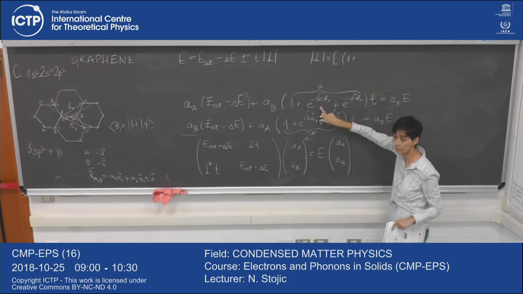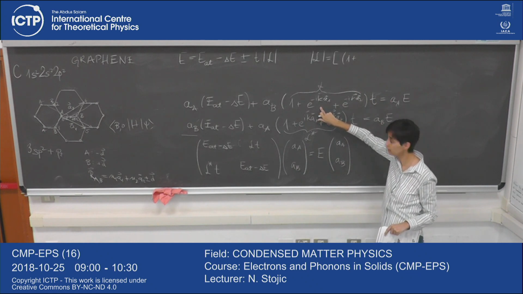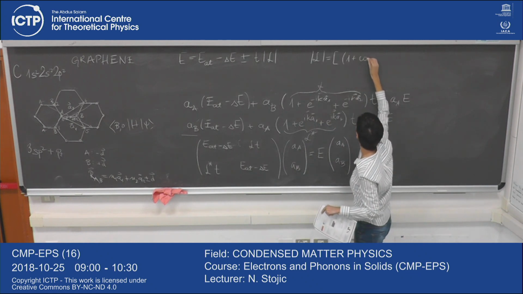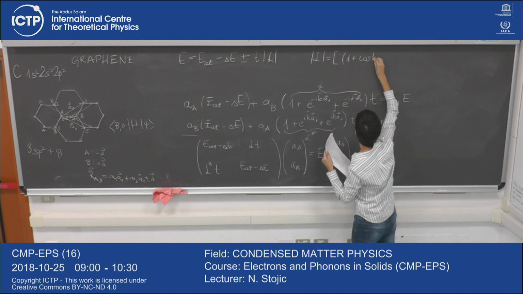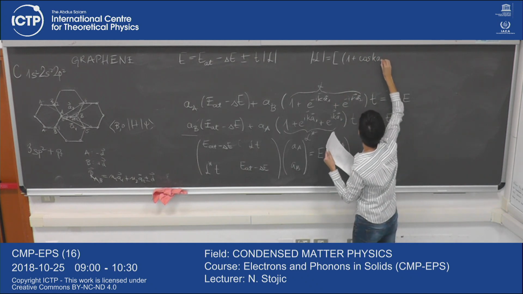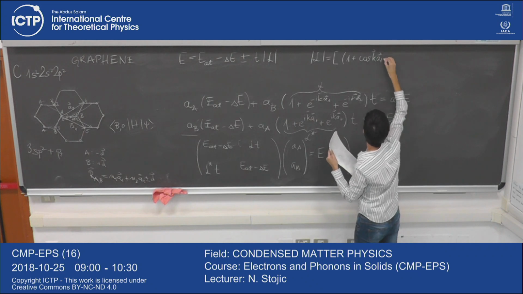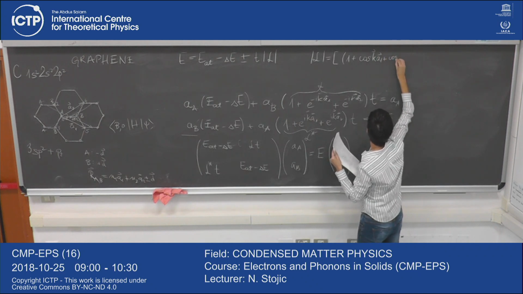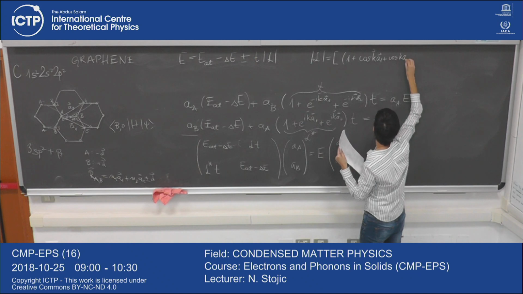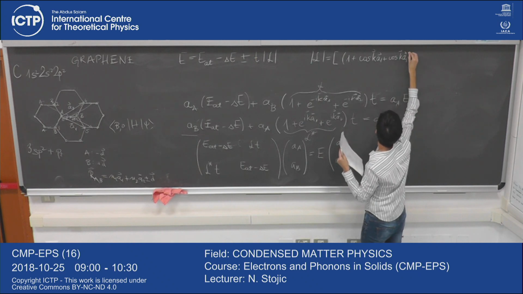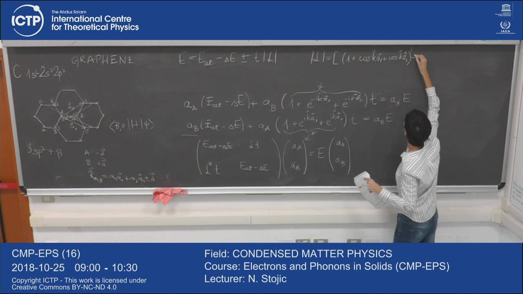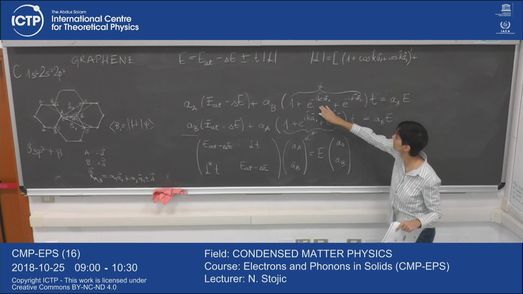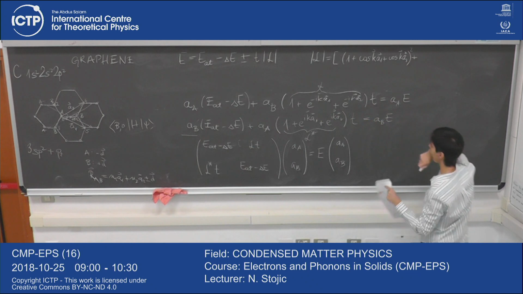So I'm writing the cosine plus I sine. Cosine is an even function, so it doesn't care. Ka1 plus cosine Ka2 squared. Now, the imaginary part will be the sine of this and the sine of this.